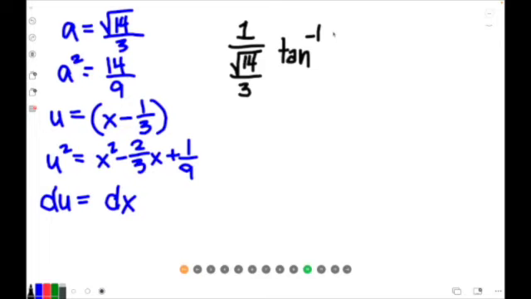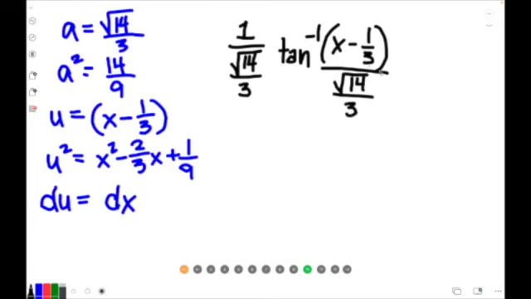U is x minus 1/3 all over the same thing, square root of 14 over 3, plus constant of integration. So at this point, we want to rationalize everything, and we don't want any radical symbol in the denominator.